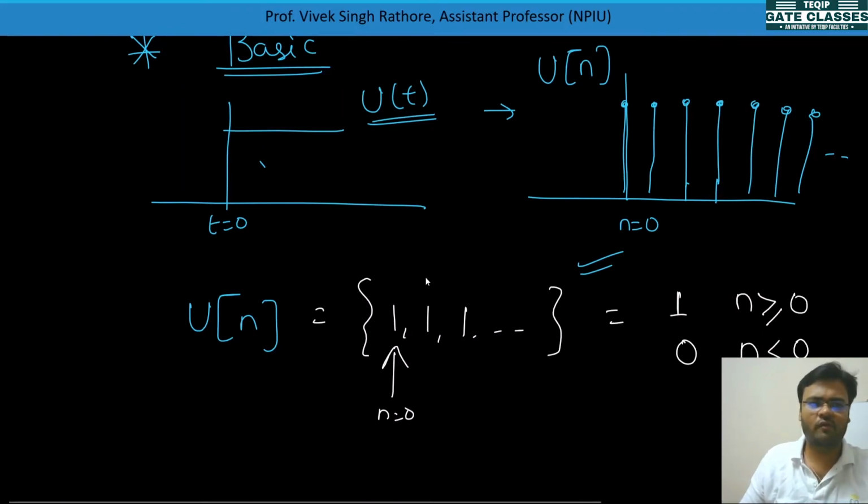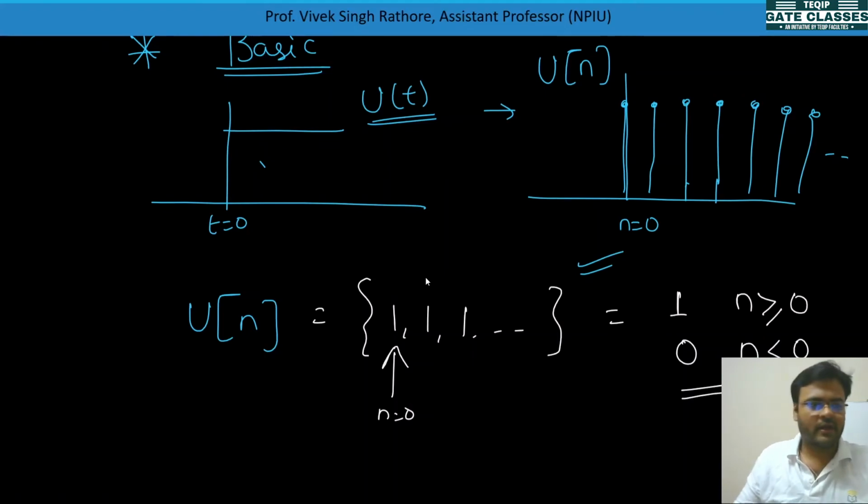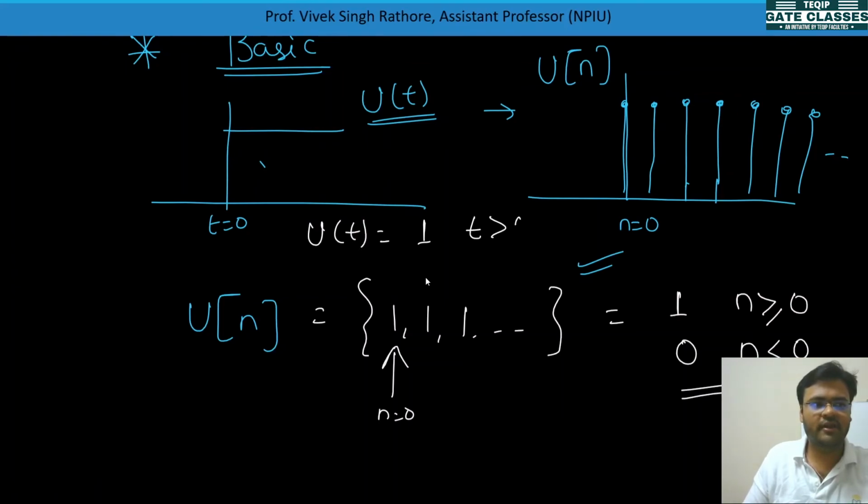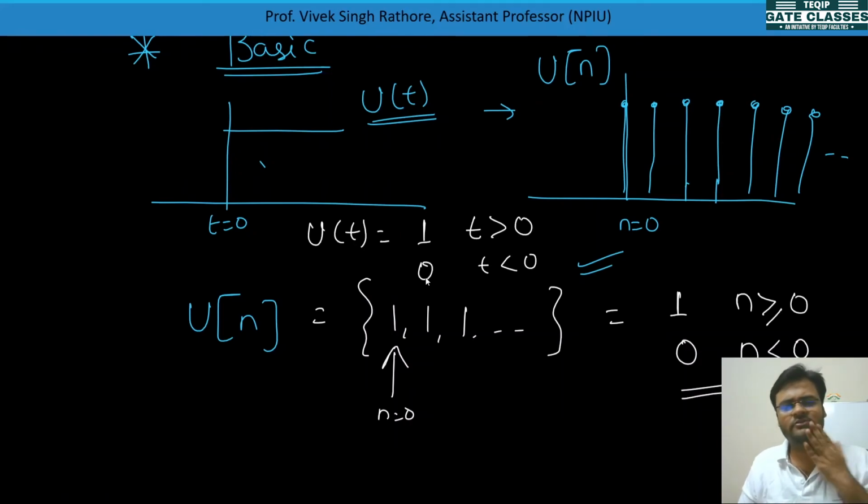But u(t), if you remember, is 1 for t greater than 0 and 0 for t less than 0. If you ask the value at t equal to 0, you can take the average, (1 plus 0) by 2, which is 0.5.